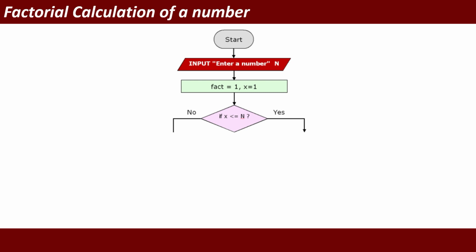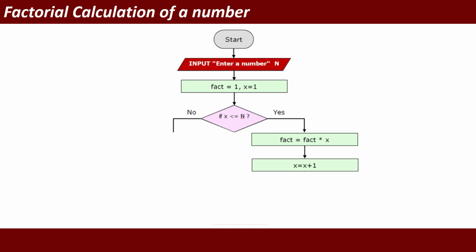Next, we check if x is less than or equal to n, where n is the number for which I want to calculate the factorial. If x is less than or equal to n, then it will go to the yes part, and in the yes part I have written fact equal to fact multiplied by x. Fact contains a value of 1 and x is a looping variable, and it will contain the value from 1 to n.